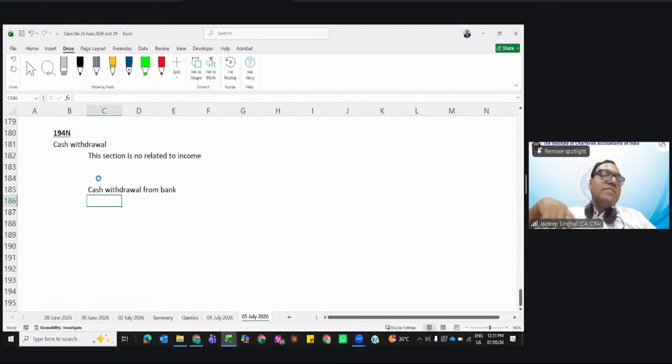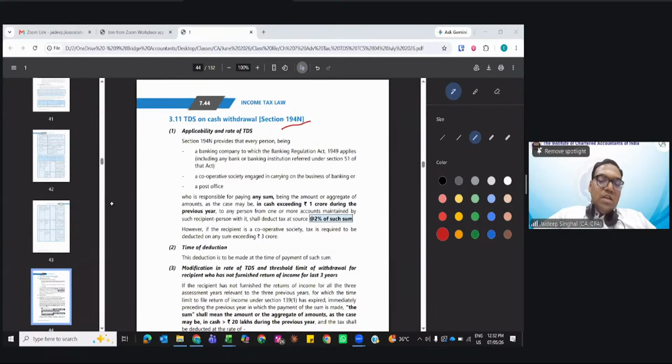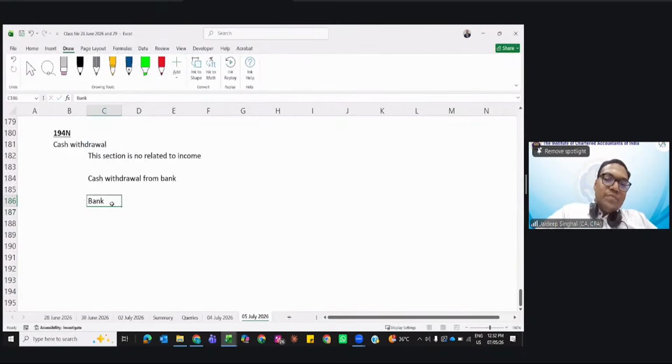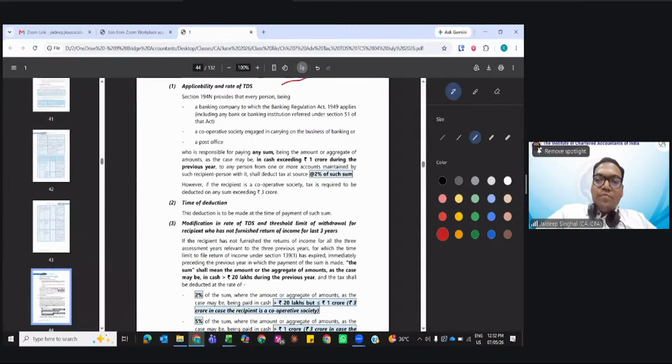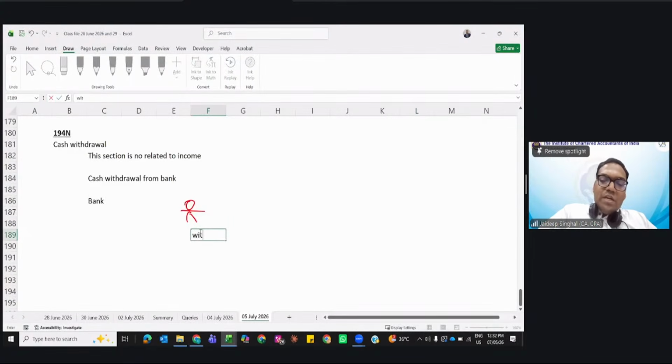But the government is now levying TDS on cash withdrawals to control cash. This is applicable to any person, and there is no individual limit here.